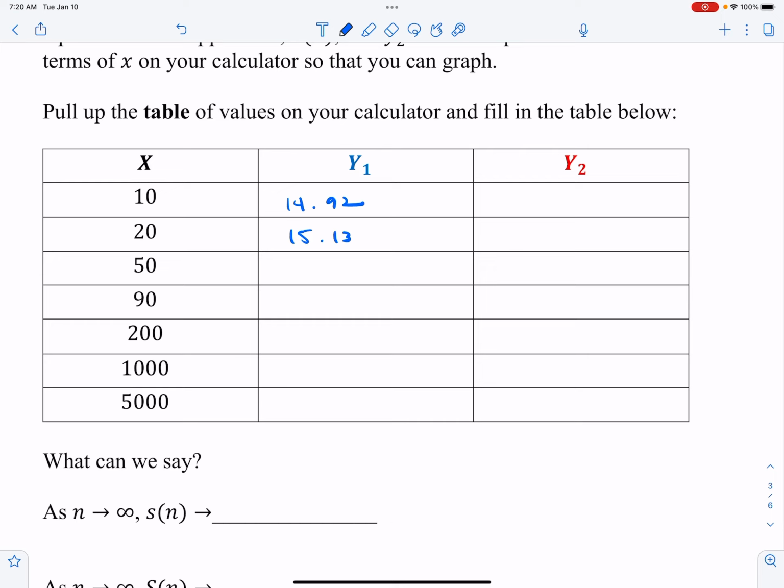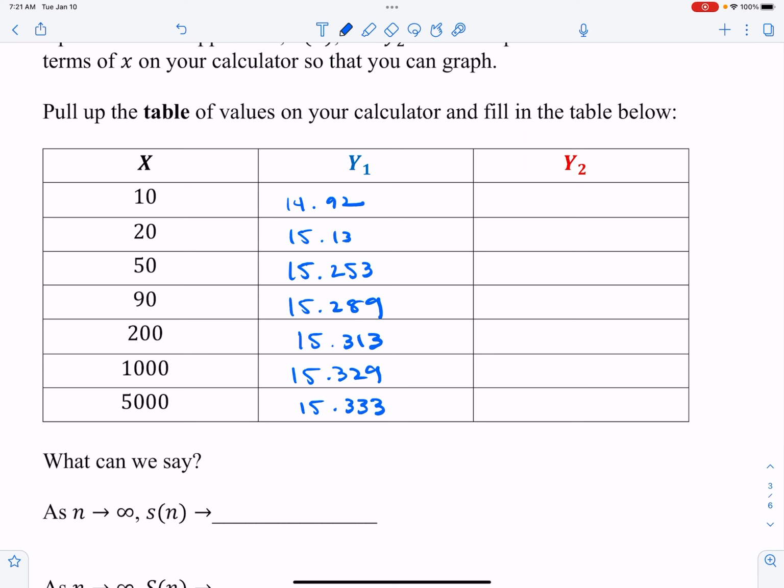For 50, I get 15.253. For 90, I get 15.289. For 200, I get 15.313. For 1,000, I get 15.329. And for 5,000, I get 15.333.